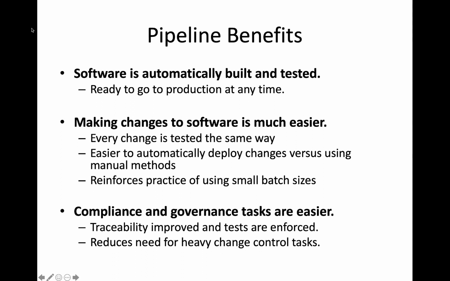Then you would manually deploy the software into a particular environment. And anytime you have these sort of manual stages, there's always an opportunity to make mistakes. It's generally not a very reproducible sort of process. And so automation is really the key.